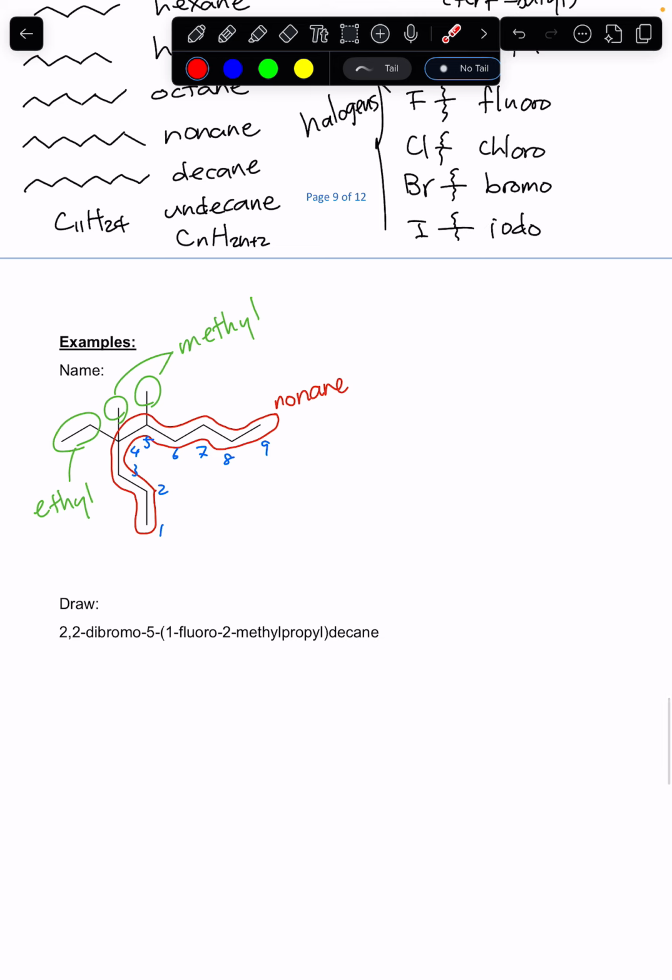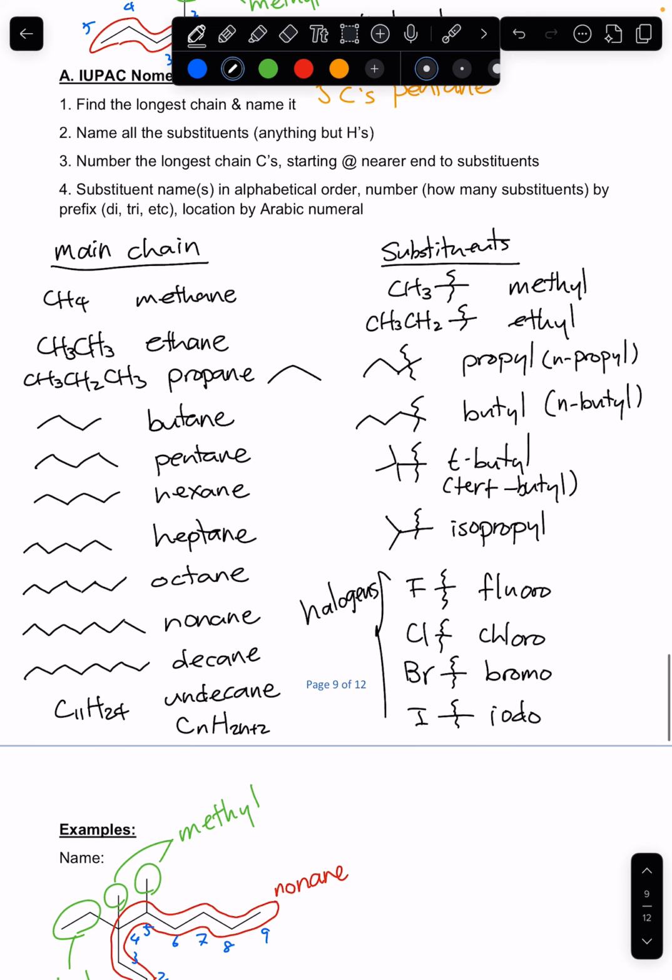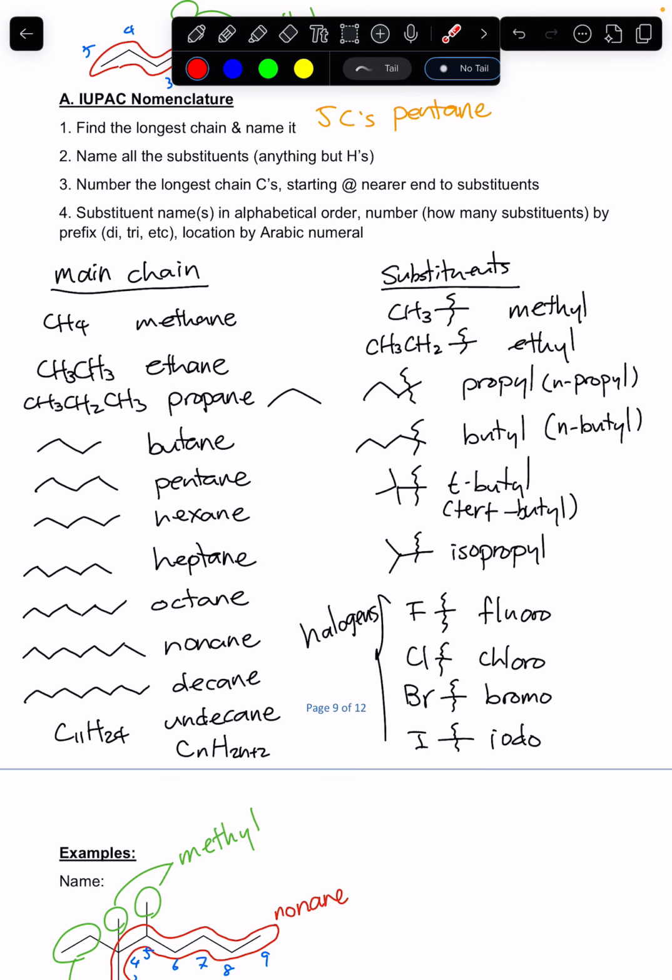Okay, so how do you put all these together? The ending should be nonane, and then we rearrange the substituent names in alphabetical order. But when you do that, the numerical prefix doesn't count in the alphabetical order.